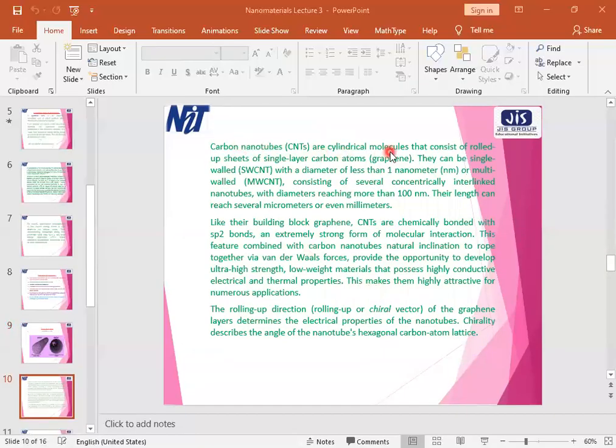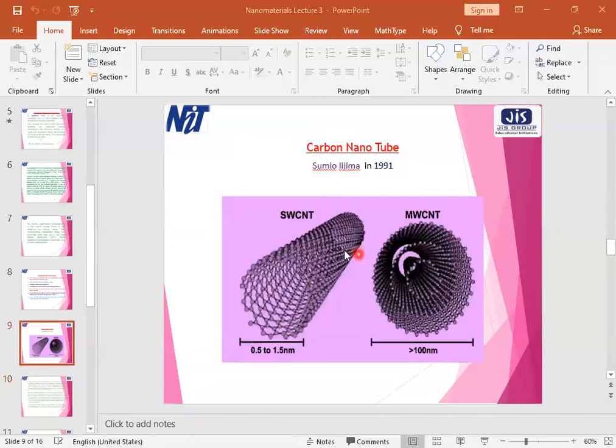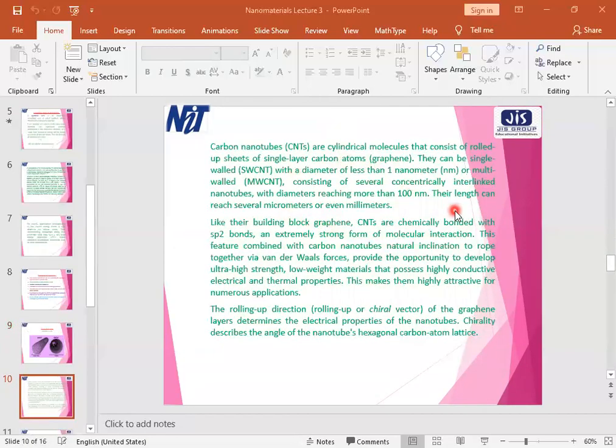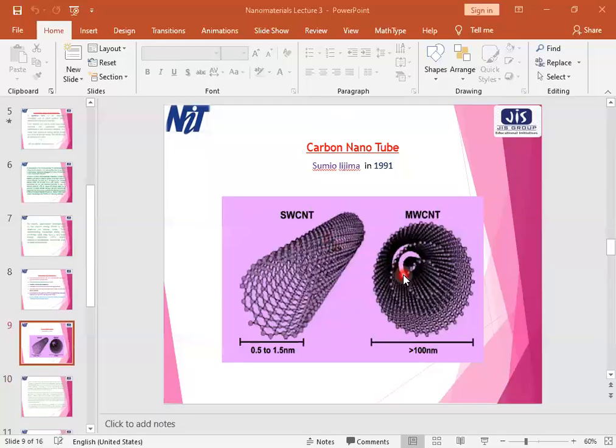Carbon nanotubes are cylindrical molecules. You have just seen, it is a cylindrical molecule. They consist of rolled up sheets of single layer carbon atoms. I told you that is graphene. They can be single walled, maybe multiple walled, consisting of several concentrically interlinked nanotubes. You see, this and this both have the same center.